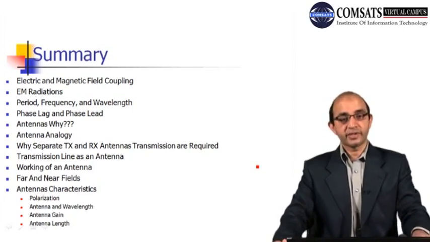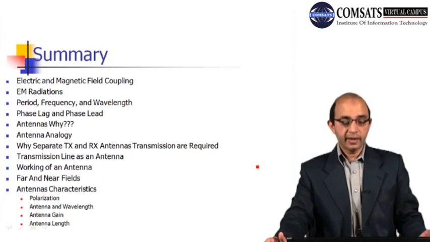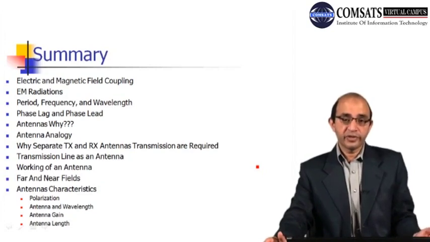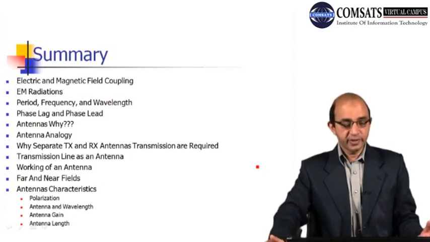We also discussed phase lag and phase lead. Then we talked about why we need antennas, and one real life example, the human ear, which acts as an antenna for humans.